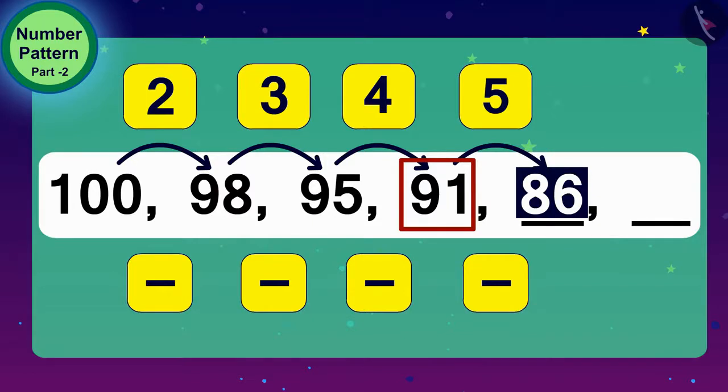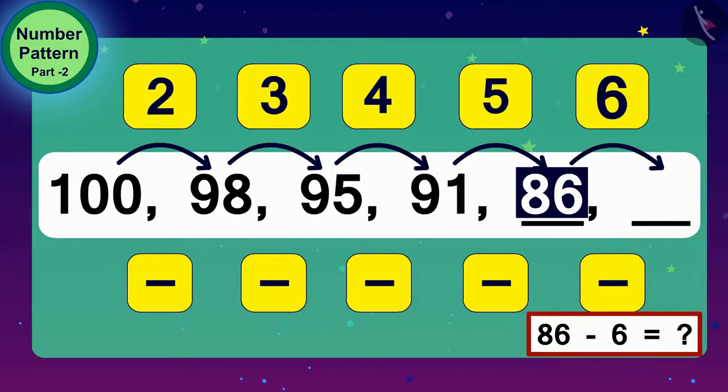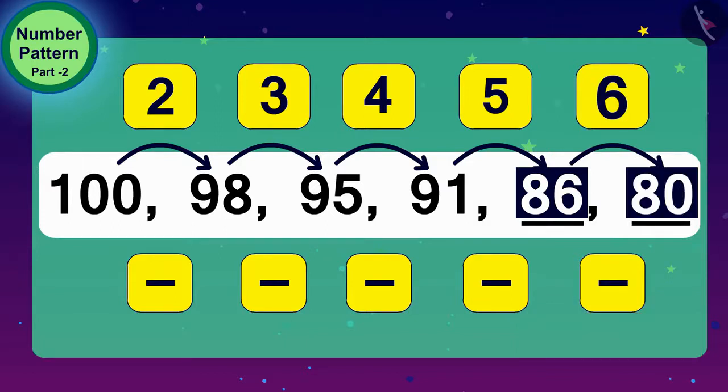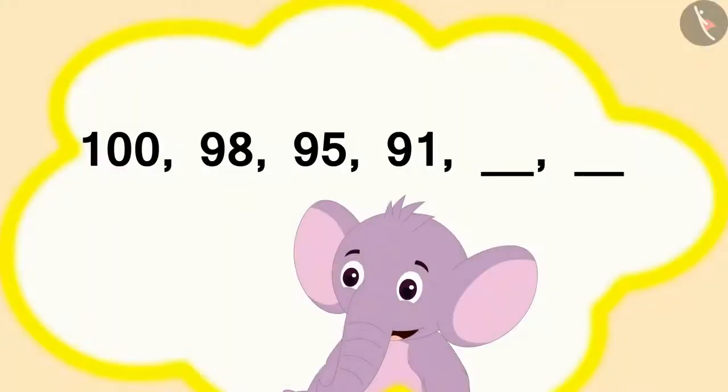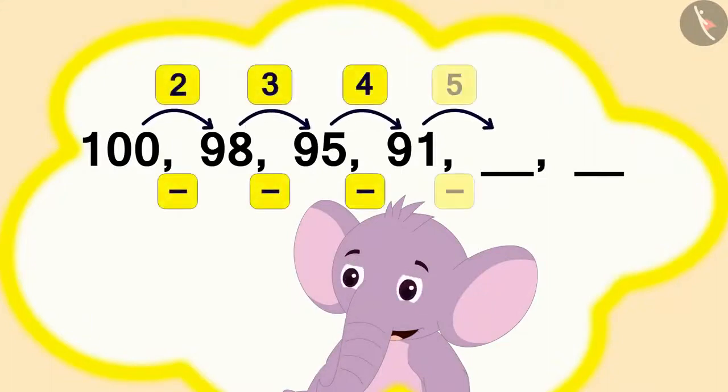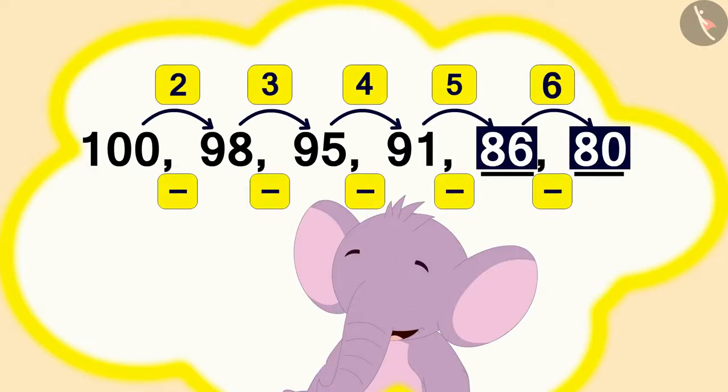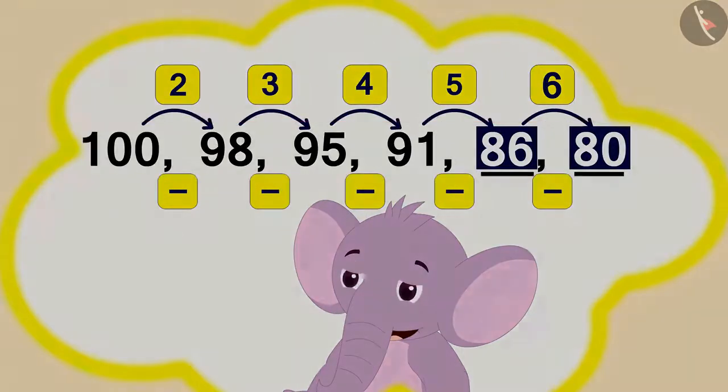And what shall we do to get the next number? That's correct. Minus 6. That is 80. Appu also used the subtraction process like us to fill in the blanks of this number pattern correctly.